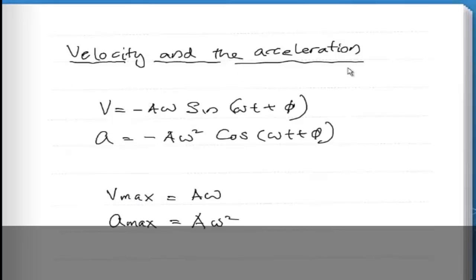The velocity and the acceleration are given by these two equations: v equals negative A omega sine of omega t plus phi, and a equals negative A omega squared cosine of omega t plus phi. The maximum value of the velocity is A times omega. The maximum value of the acceleration is A times omega squared.